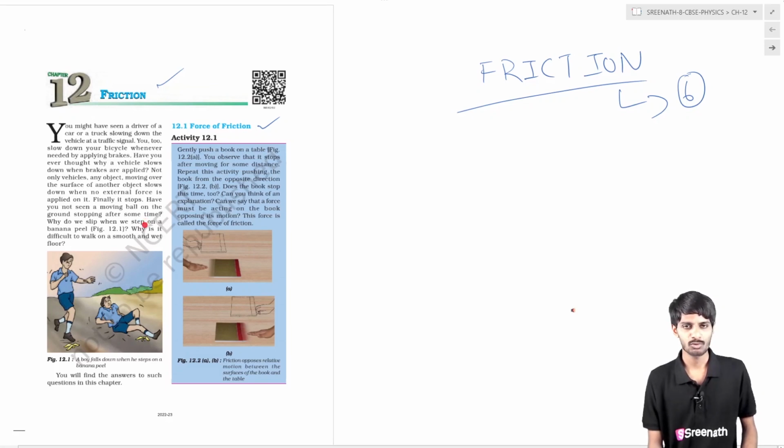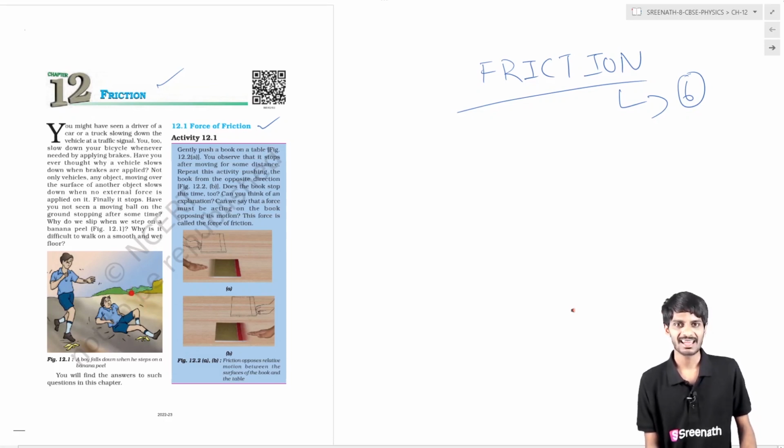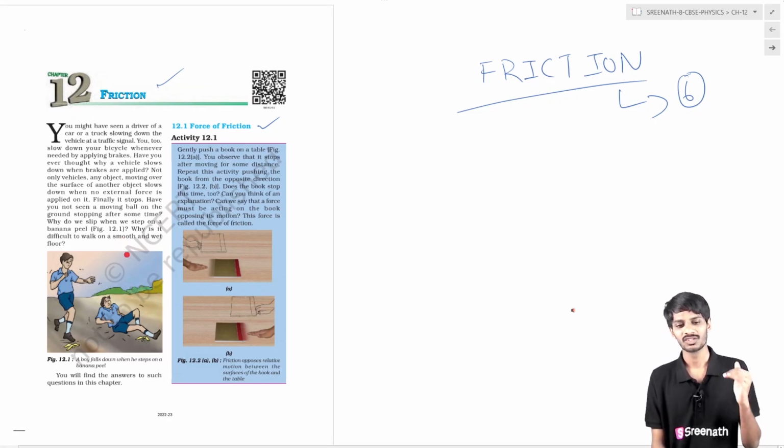Why are you sliding like this? Here is the image. He has put his leg on this banana peel and he has slipped down. Why? No problem. You will discuss what is the reason for it in this chapter.